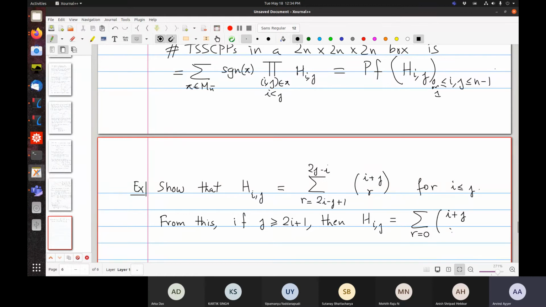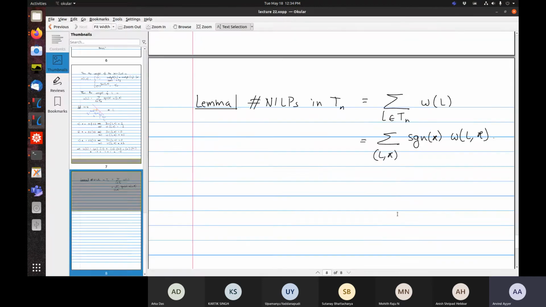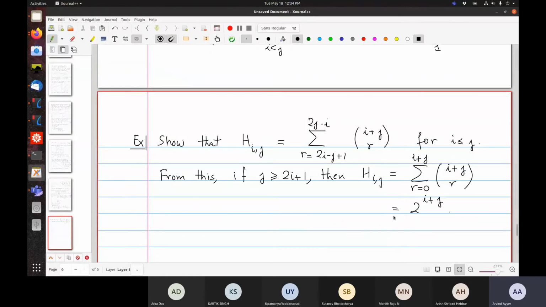And the upper limit is, if you substitute, you will find that you do not go more than i plus j. You can check. You get this, and so you actually get 2 to the i plus j. So this is the explanation of this powers of 2 business that I just showed you on Sage. So if you prove this, you'll be able to prove this.